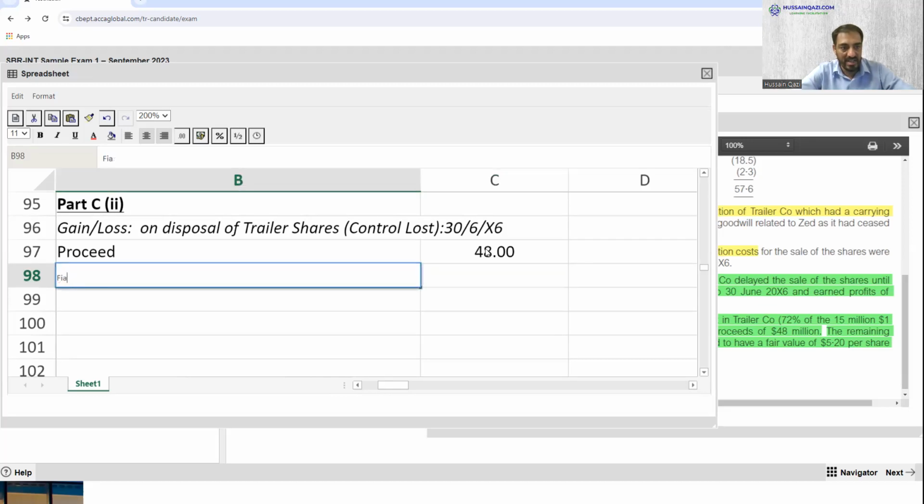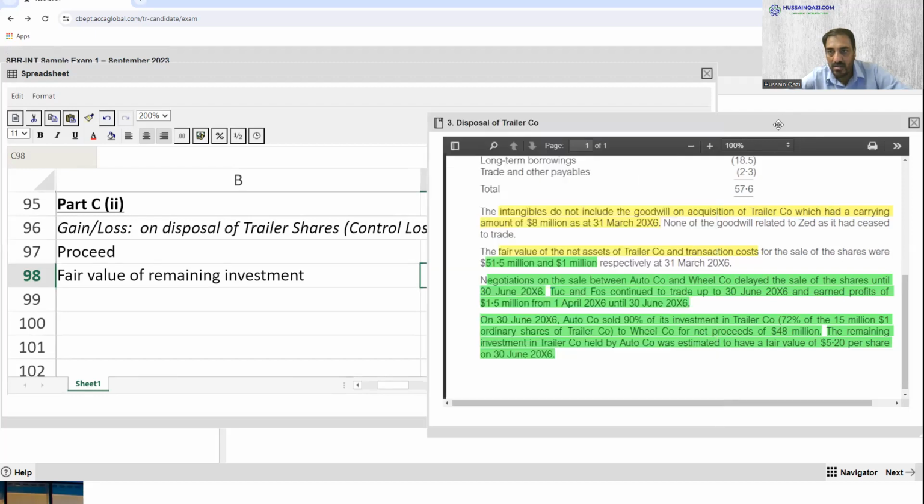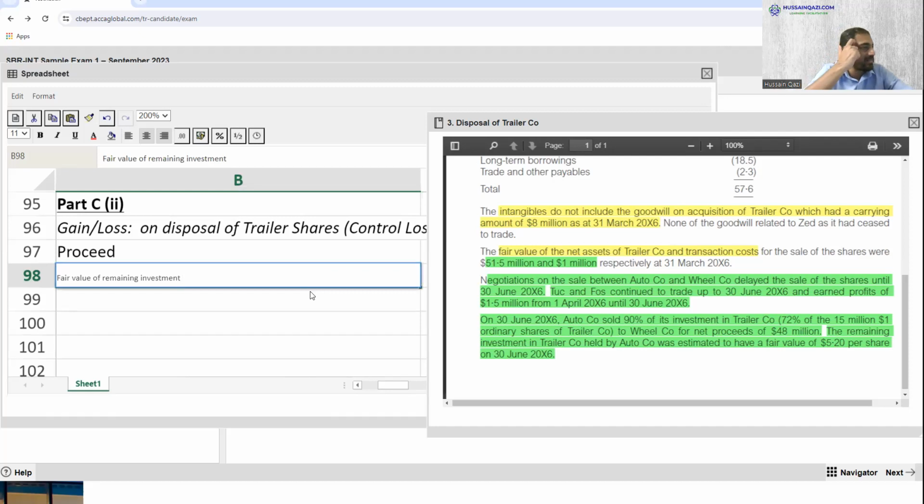Fair value of remaining investment. That's 5.2 per share. So how much is the remaining investment? 15 million total shares.